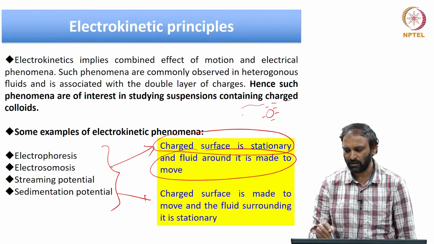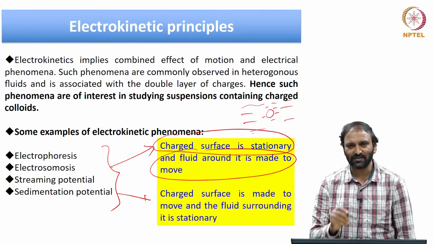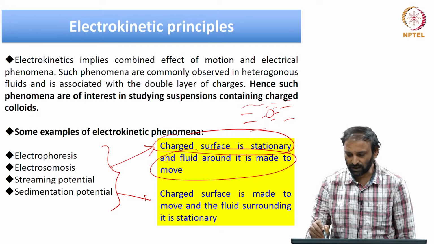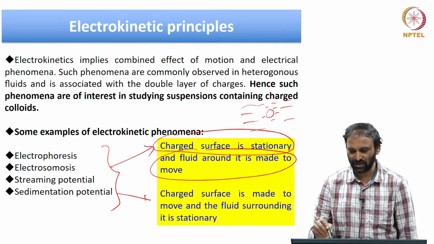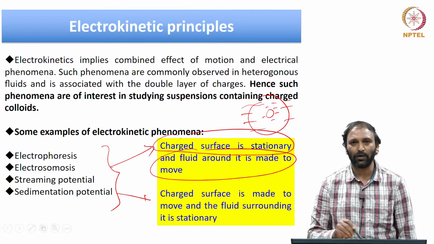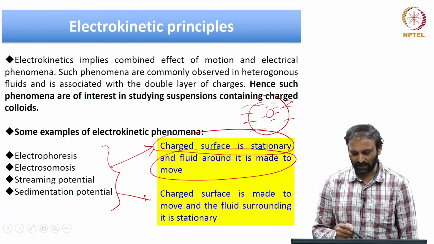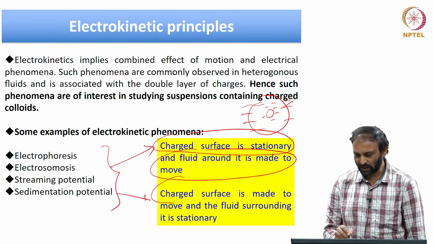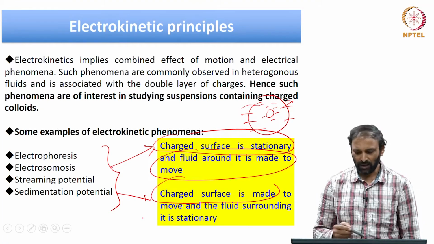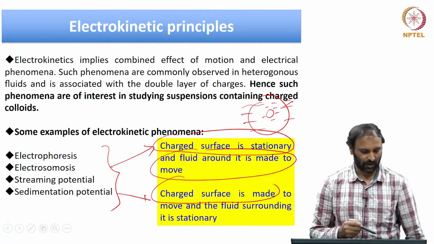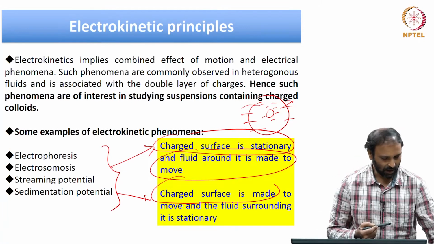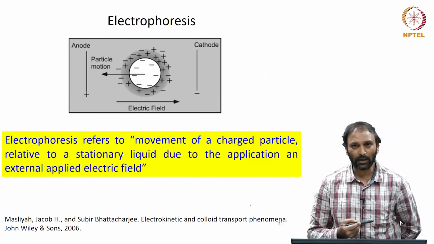In this class of technique, the charged particle or the charged surface is stationary, however, the fluid that is surrounding the charged surface is made to move. In the other class of technique, the charged surface is made to move while the fluid surrounding it is stationary. We will discuss some of these techniques not in great detail, but just to give an idea of what these methods are.